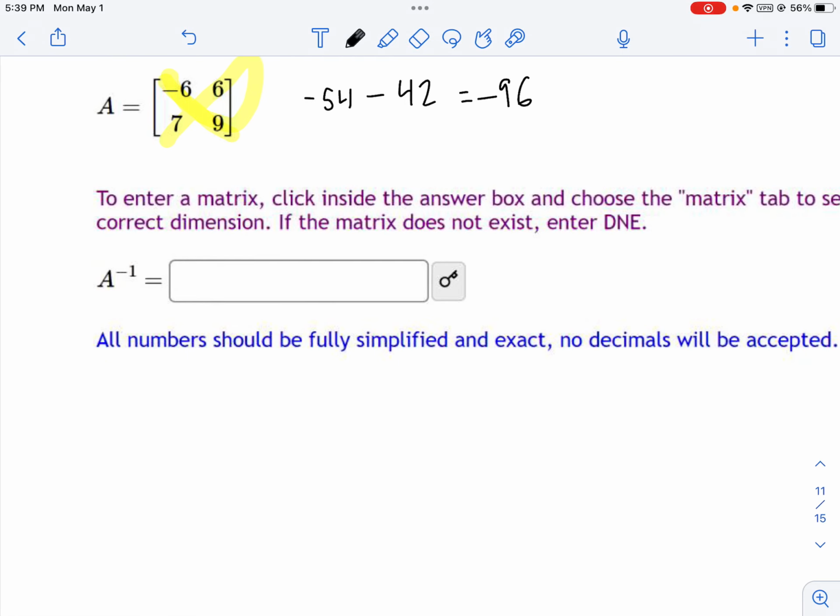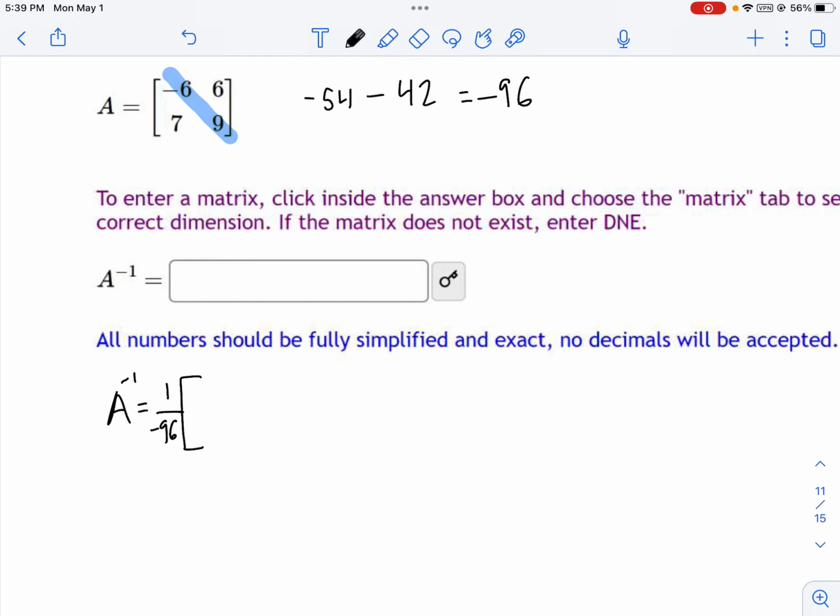Let's find it. For a 2 by 2 matrix, you can always just use the following pattern. The inverse matrix is going to be 1 over your determinant, which is negative 96 in this case, multiplied by the matrix where you switch the numbers of your main diagonal.